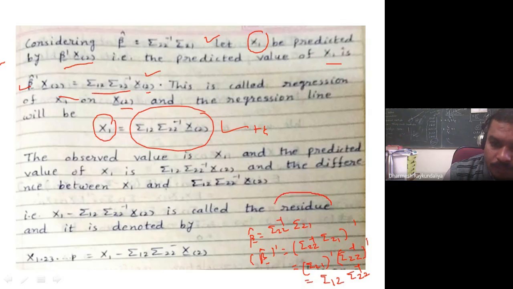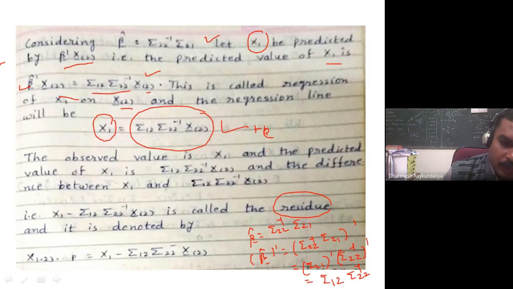So when you say that this is called residual, epsilon की जगह हम e कहेंगे. E is the residuals. So what is the residuals? Residuals is nothing but the difference between the observed and predicted.